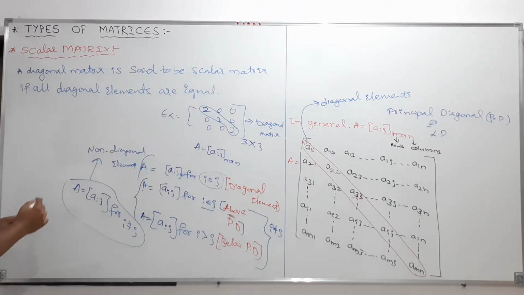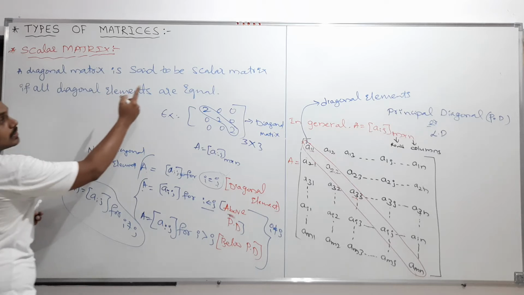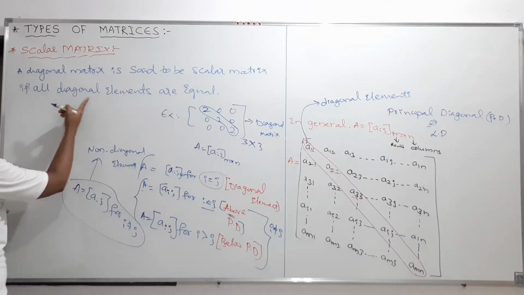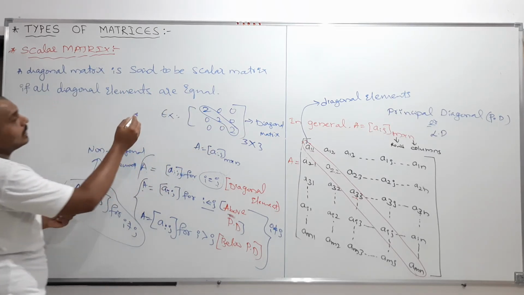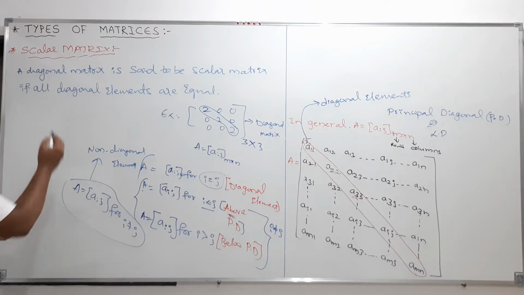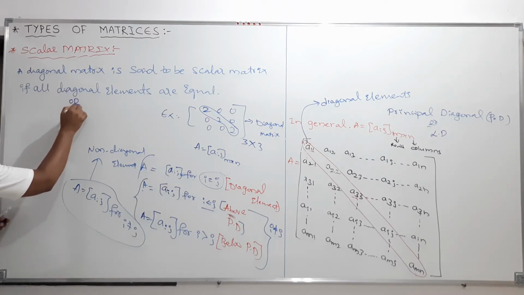So this is the one definition. A diagonal matrix is said to be a scalar matrix if all diagonal elements are equal. Then we can call it a scalar matrix. This is the one definition.